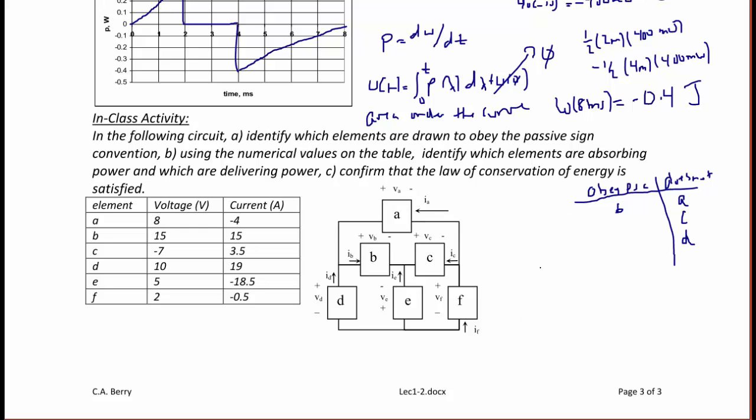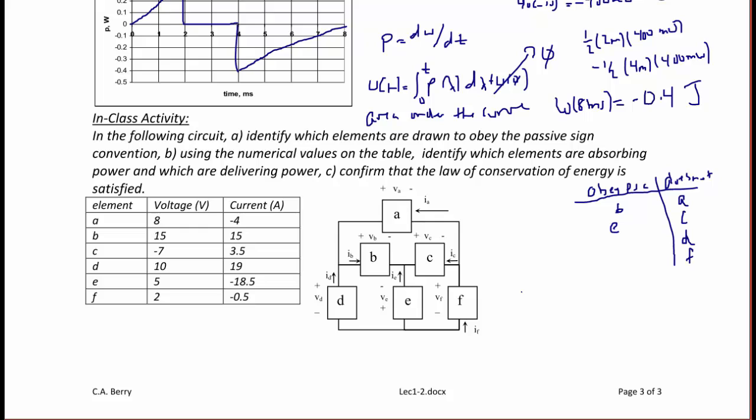For E, the current does flow from the positive terminal to the negative terminal, so E does obey the passive sign convention. And F, the current flows from the negative to the positive terminal, so F does not obey the passive sign convention. So in order to answer any questions about power, I have to have numbers. So now we have to go to the table.